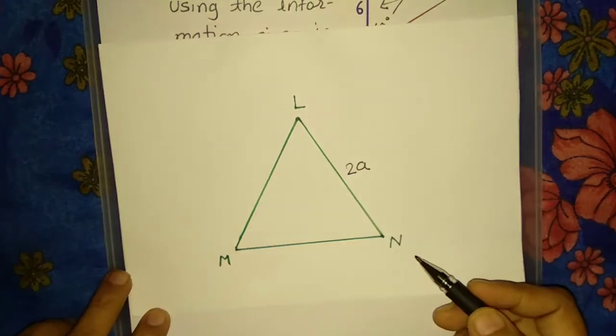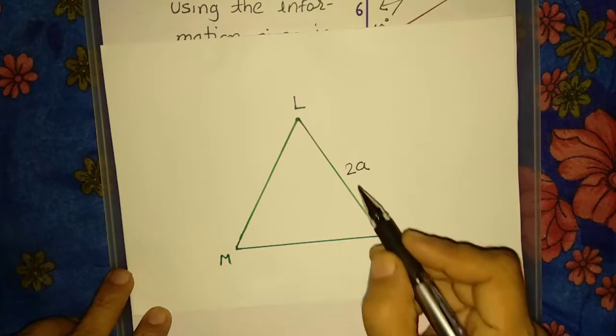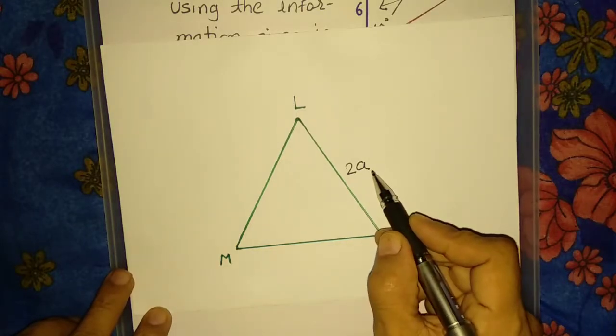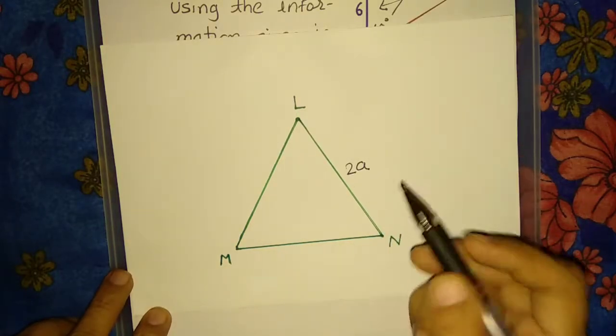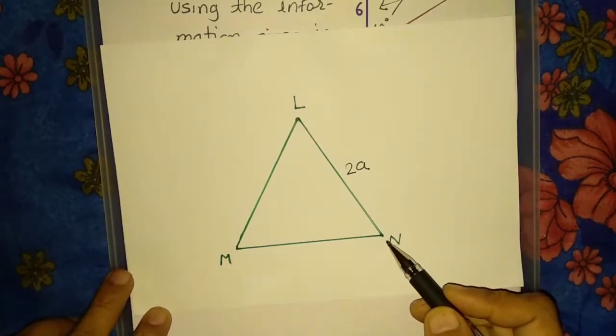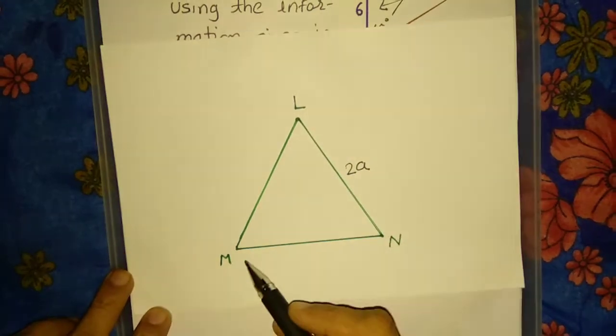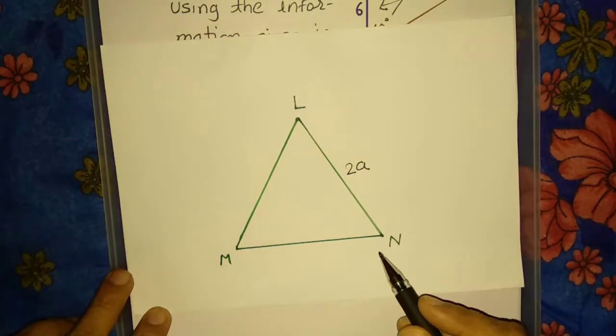Therefore LN, MN and LM तीनों भी रहेंगे 2A. And we know each angle of equilateral triangle is of 60 degree. Therefore, angle L, angle M and angle N are of 60 degree.